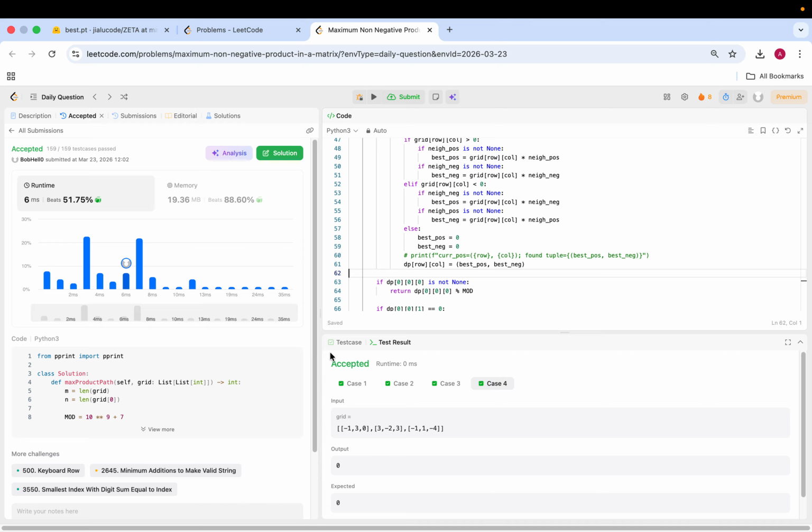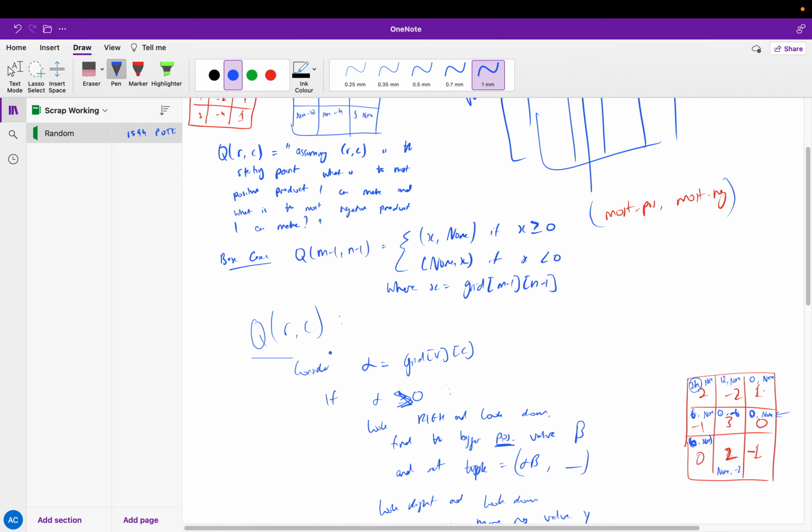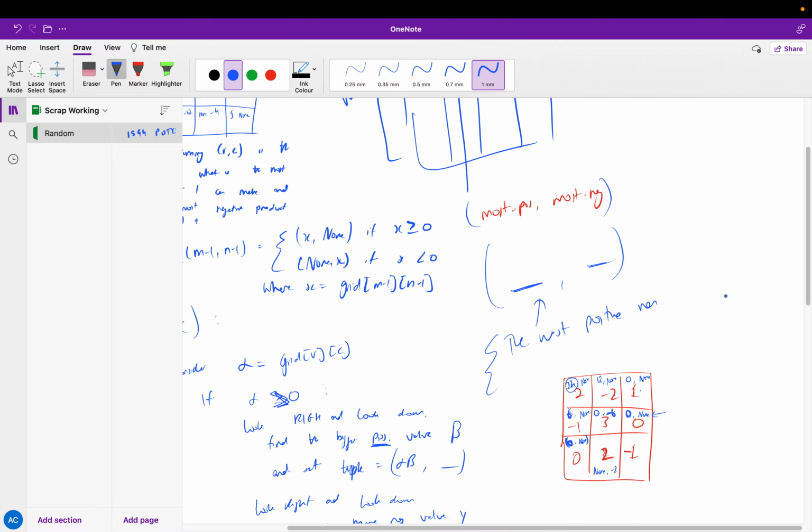And then the second part is the second position in the tuple. So the tuple looks like this, right? The first position is the most positive non-negative number you can make, the non-negative product.